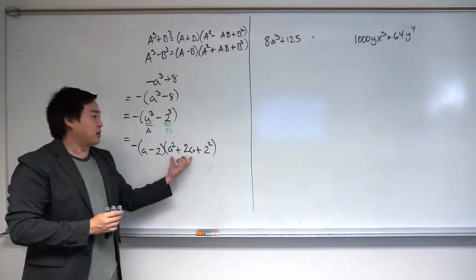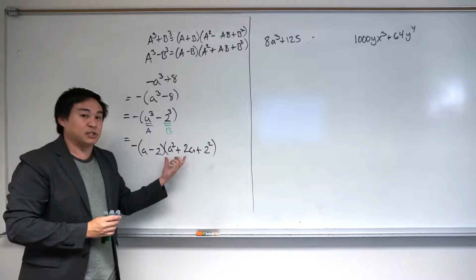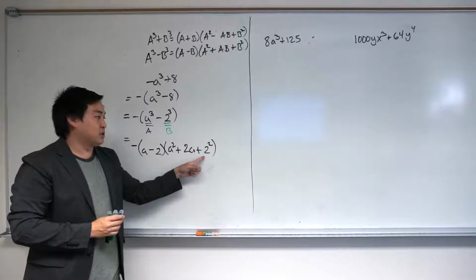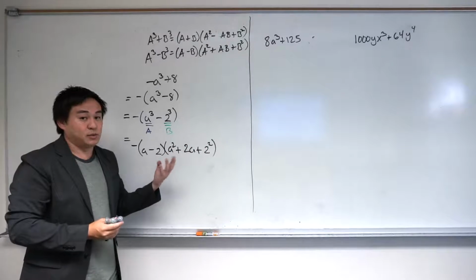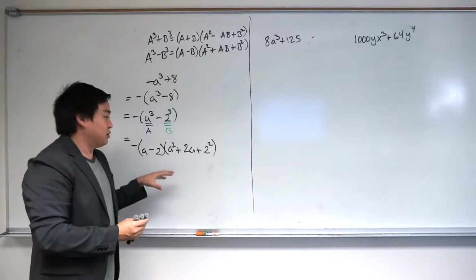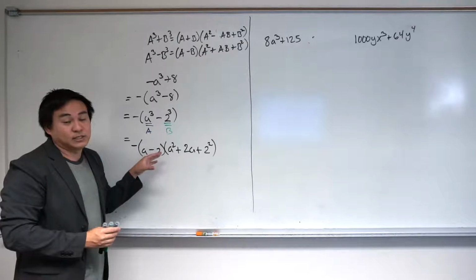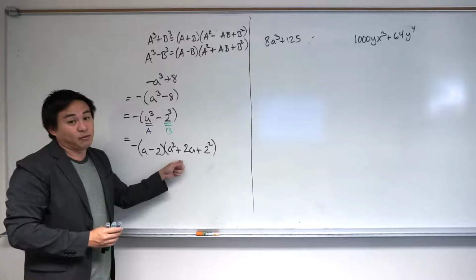Now you do need to check whether or not this is factorable. The factors of 4 are 4 and 1, and 2 and 2, and none of them add or subtract together to give you the 2 in the middle. This is another very handy reason why you should be learning how to do guess and check, so you can do that really fast.